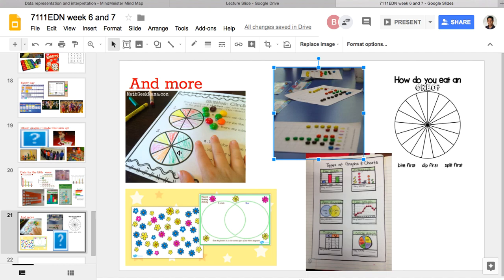So that's the activity here. So here we've got many more green, one yellow, one orange, one red, one purple. Okay, so you can see the data represented in terms of a bar graph, data represented in terms of a pie chart, and then there are the different types of charts that you can use.